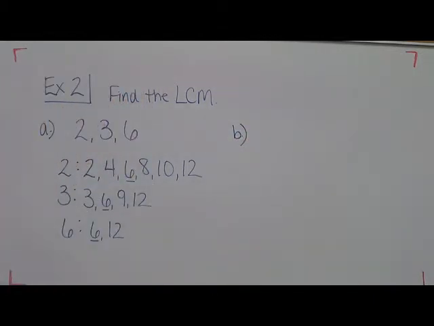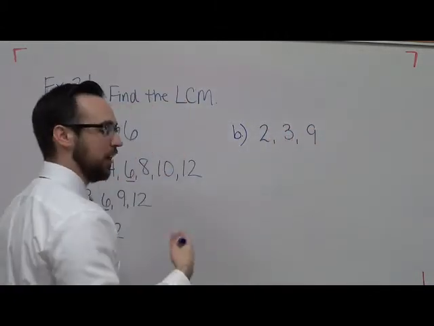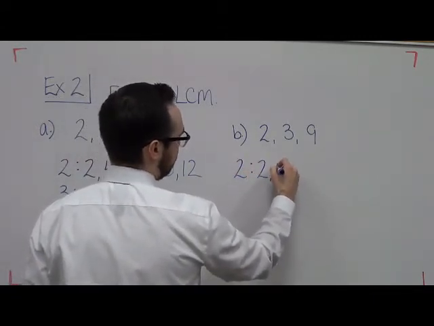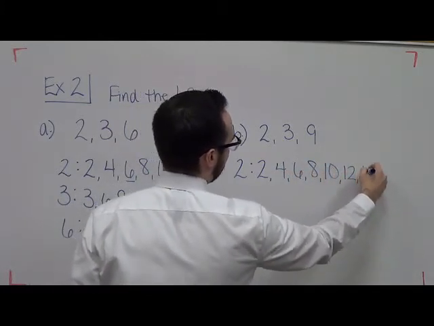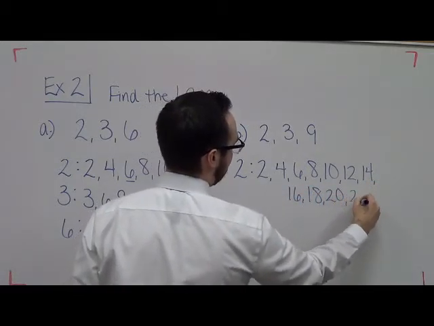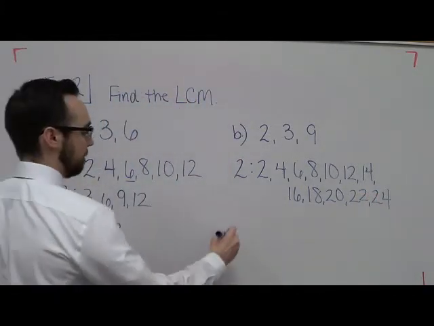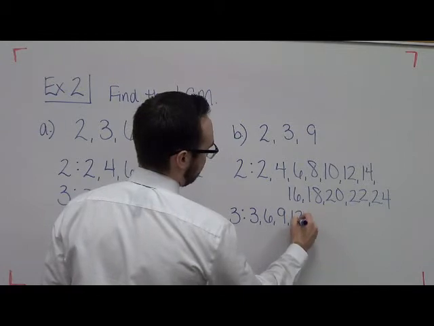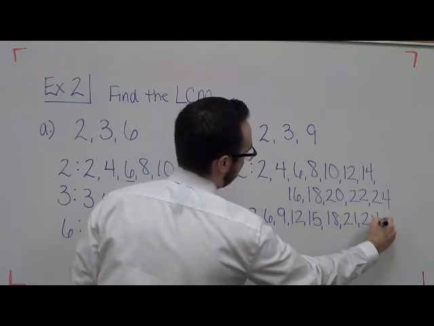So let's take a look at 2, 3, and 9. Again, some of you maybe will look at this and just know the answer. 2, 4, 6, 8, 10, 12, 14, 16, 18, 20, 22, 24. 3, 6, 9, 12, 15, 18, 21, 24.